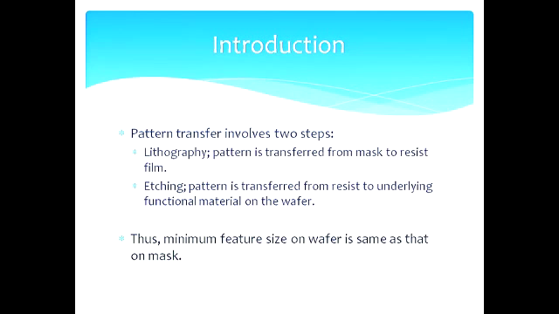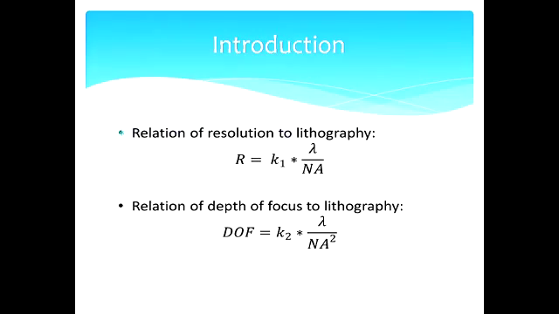So until now, in pattern transfer, the minimum feature size that could be patterned on the wafer was the same as that defined on the mask, which was used to transfer the light between the optical source and the wafer. This is the relation between the resolution of lithography and depth of focus. As we know, there are trade-offs involved in matching both of them.